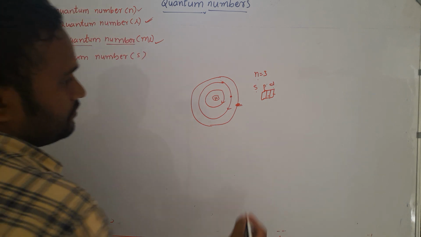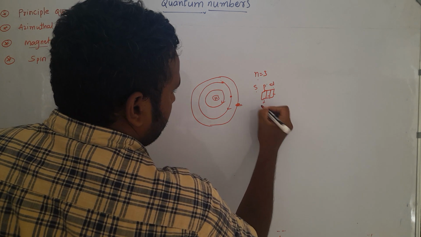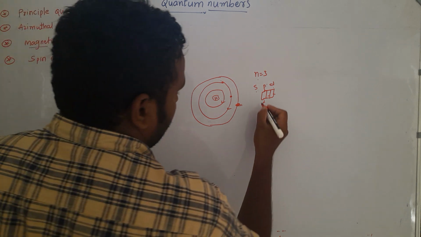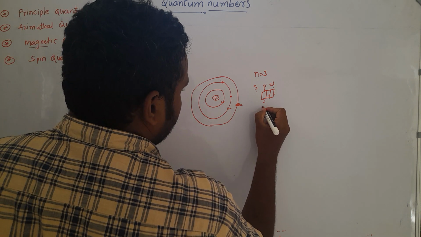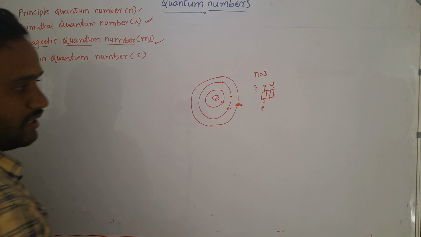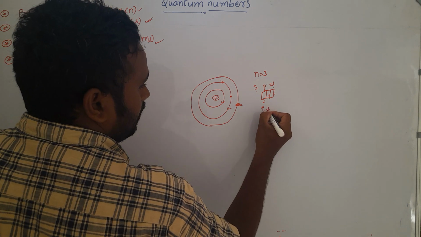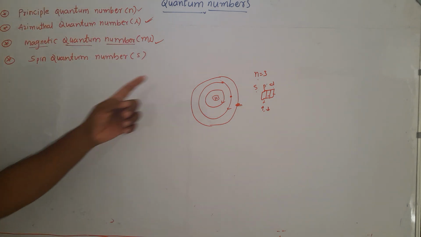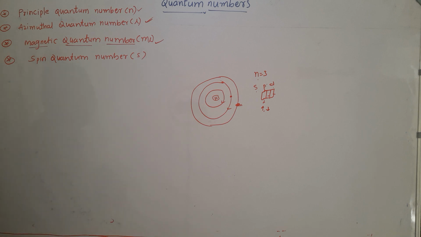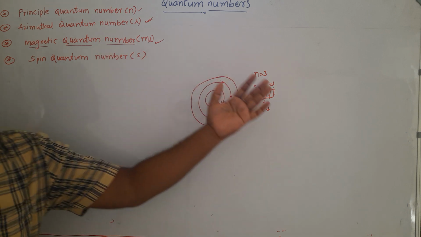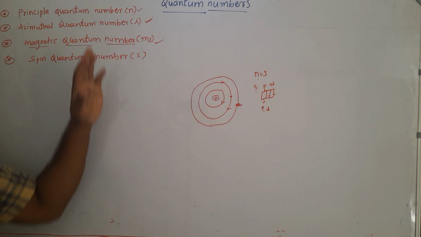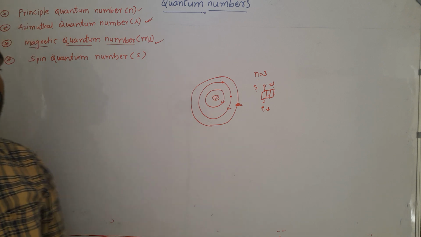Then the spin quantum number gives information about how the electron is present, whether it is present in the upward direction or in the downward direction. Like this we can use these quantum numbers to locate an electron in the atom, which means they act like an address of an electron.